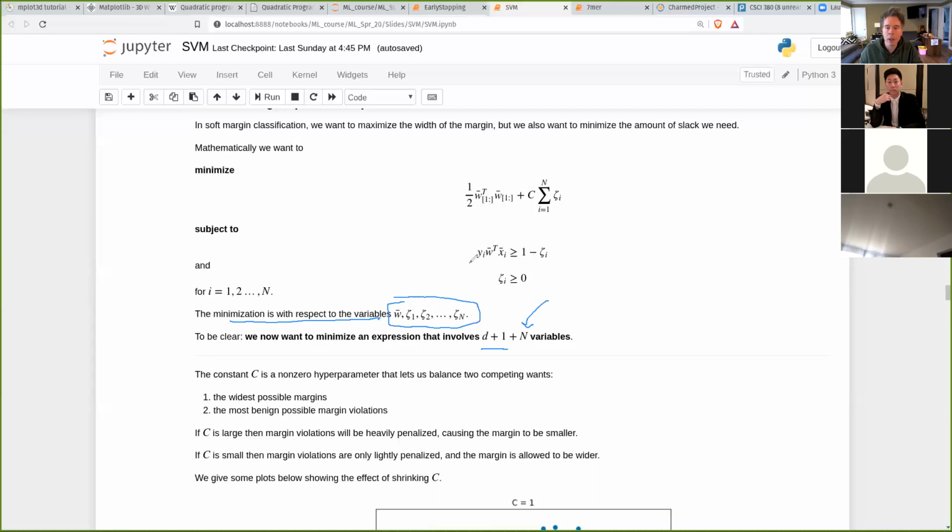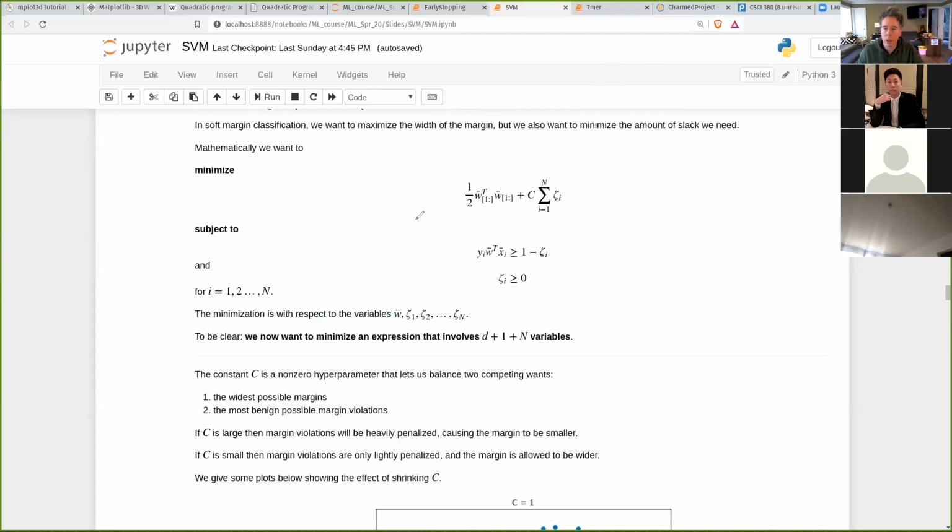And now here are the constraints. We need one of these inequalities for every training point, and then one of these inequalities for every slack variable. Coding this as a quadratic programming problem is a little bit more challenging, but I think we talk about that later.